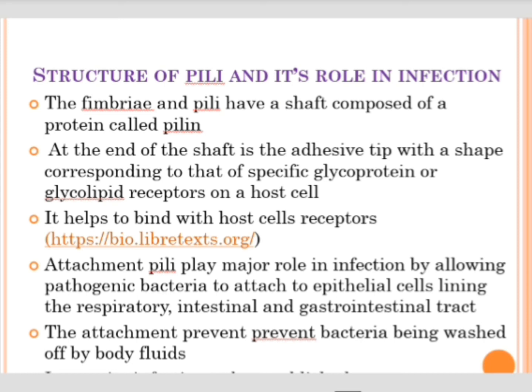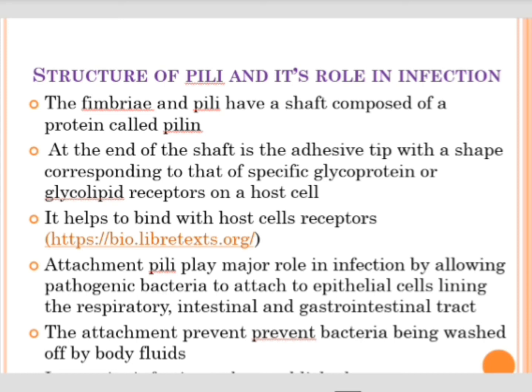So the attachment pili has a role in establishing attachment with the host cell. The host cell has some specific receptors which help to bind with this bacteria. So the pili gets connected with the host cell by means of this adhesive tip that is present on the shaft.